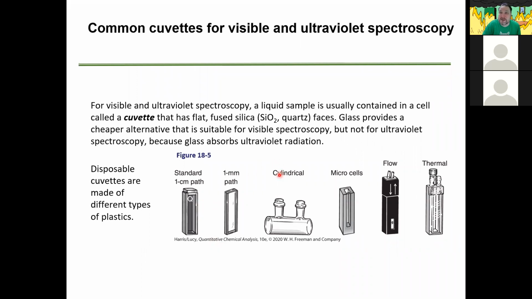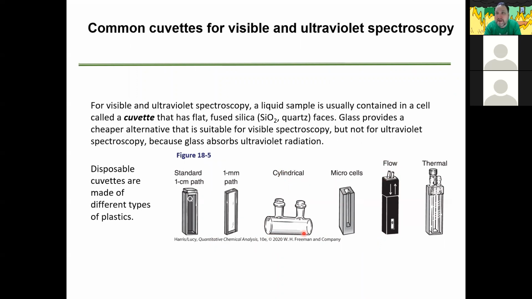If you are working in a situation where you might need to do some online sampling processes, or if you want to hook it up to a chromatograph, you can use a cylindrical cell like this, or a flow cell like this. Oftentimes these cylindrical cells are pretty long, and there's something that you might see if you were trying to measure the absorbance of a gas.